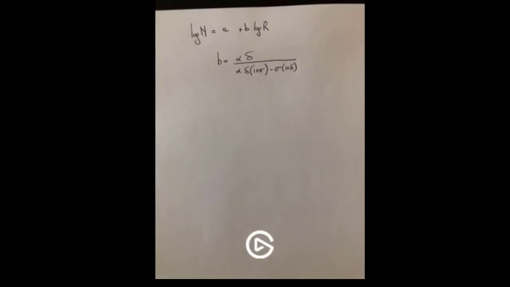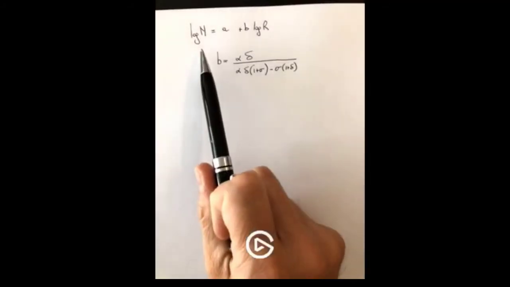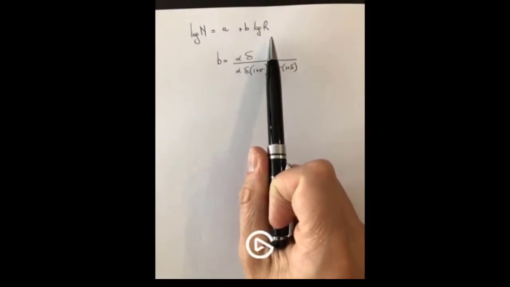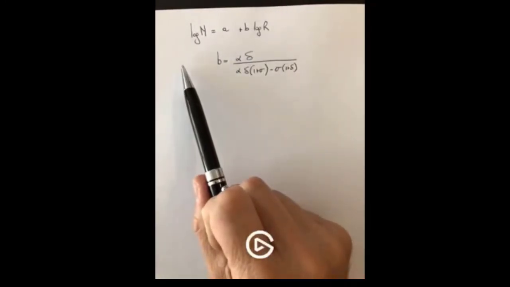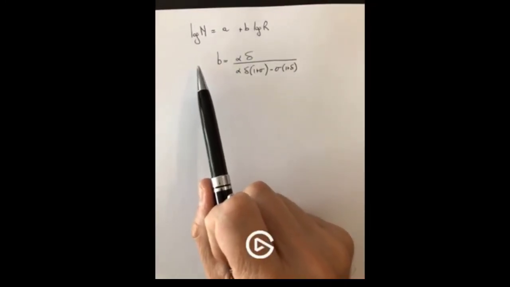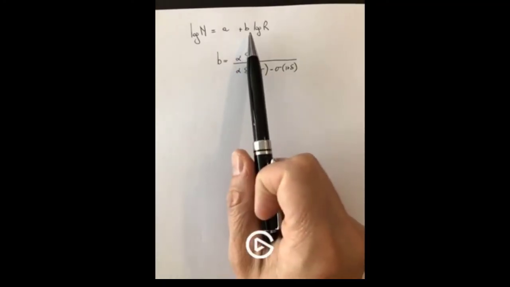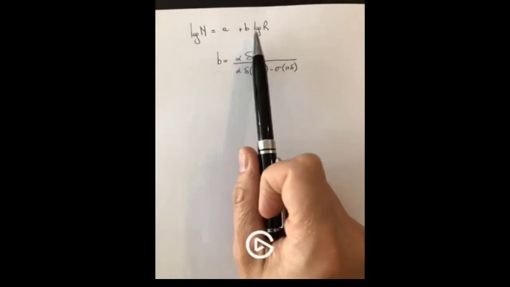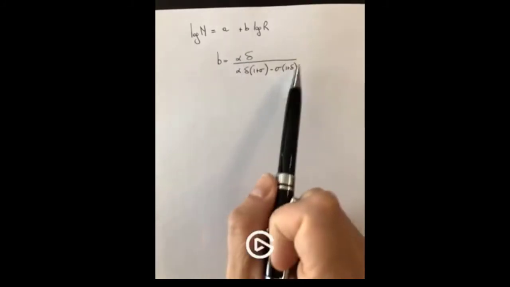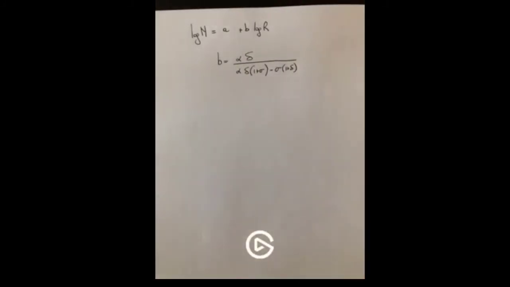So I want to conclude the analysis of the model by discussing a bit what we have derived. We have derived a function of n as a function of r in a logarithmic form that gives me also an interpretation of the coefficient here on log r that is related to the parameters of the model. So first of all, let's try to understand what this b here is.